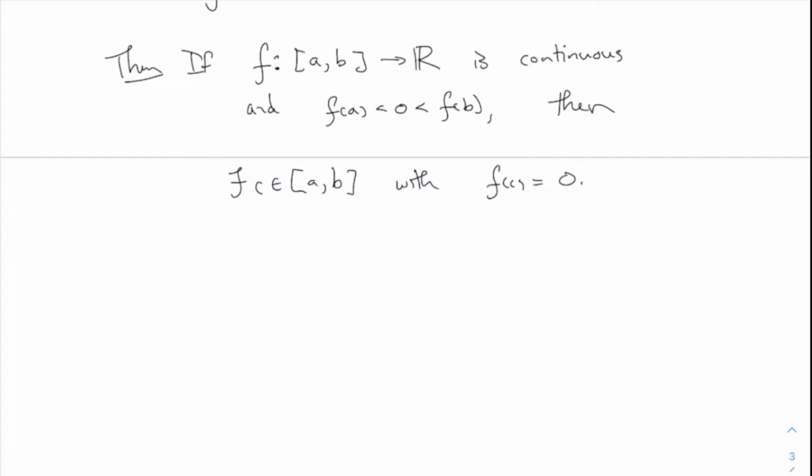If you have one value that's negative and another value that's positive, then somewhere in between there's a value that equals 0. This is called the intermediate value theorem. So this is an example of a calculus theorem that is about closed intervals.